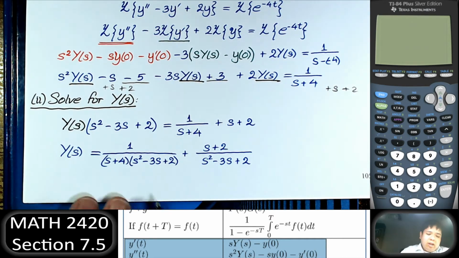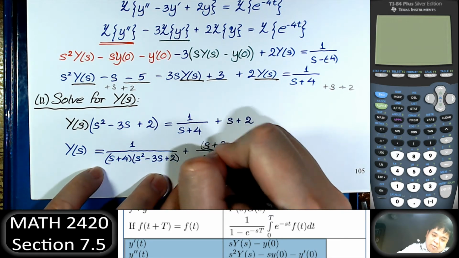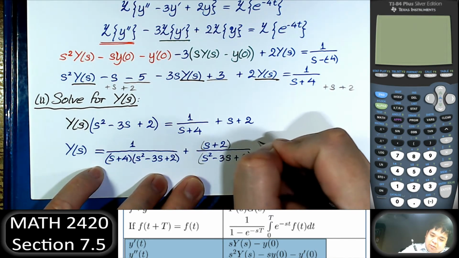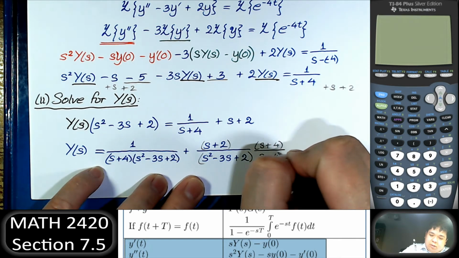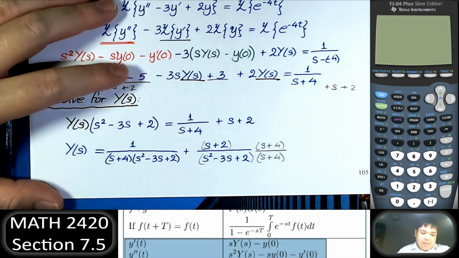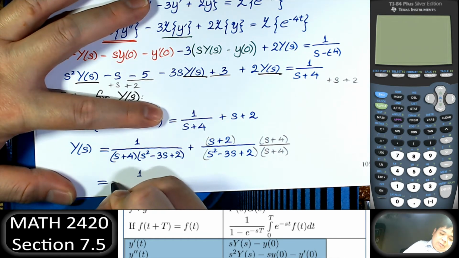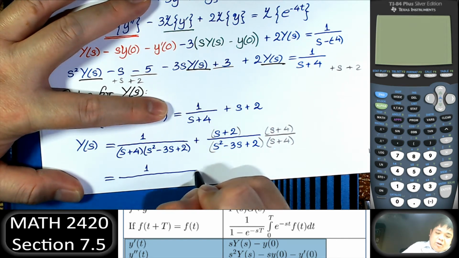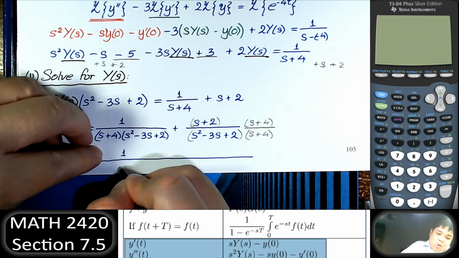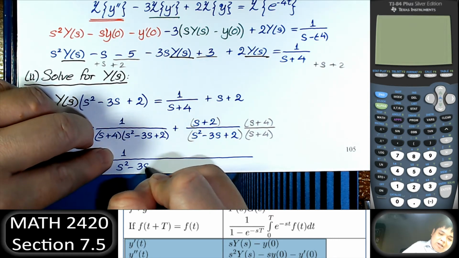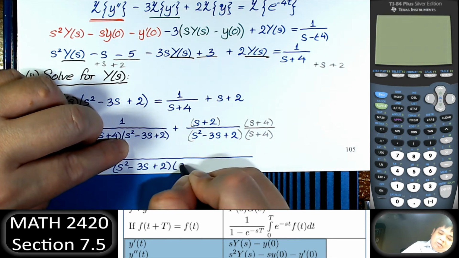Now for the common denominator, we would multiply s plus 4 top and bottom. And so the common denominator of s squared minus 3s plus 2 is s plus 4.